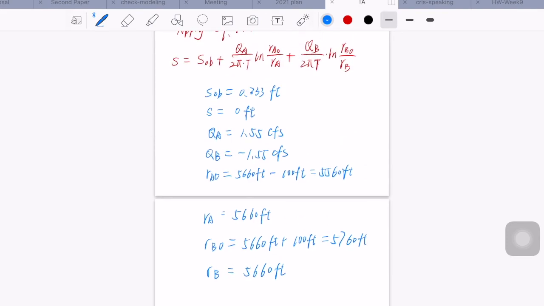So now we can determine the transmissibility of the confined aquifer.